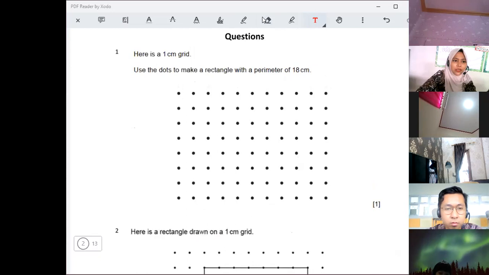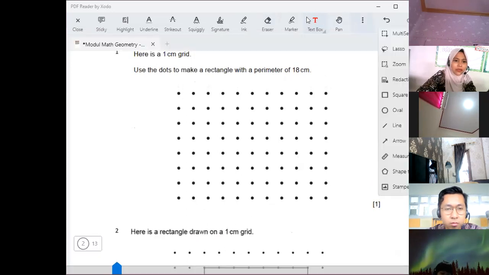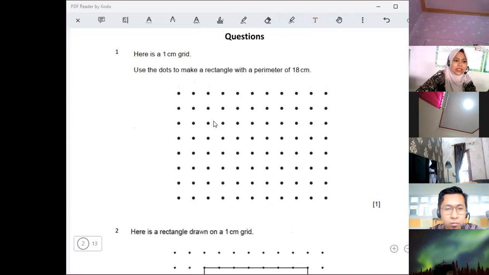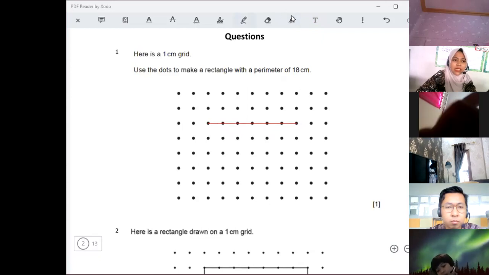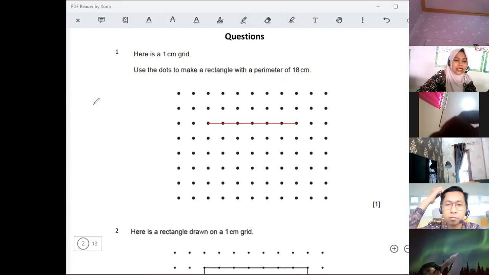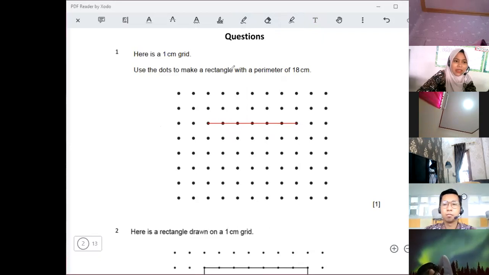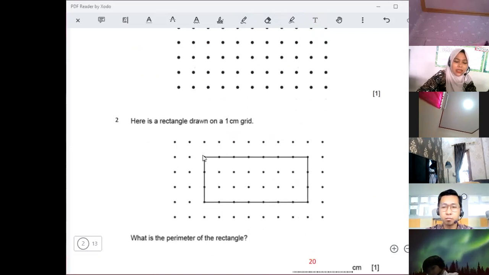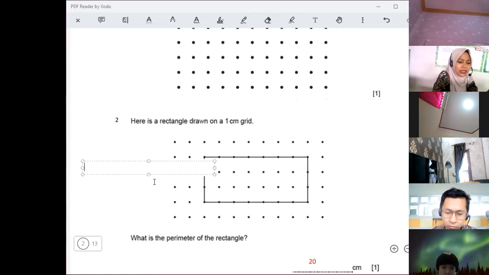So we are going to draw a rectangle that are 18 centimeters around. So let's say 1, 2, 3, 4, 5, 6. Oh, how could we make it, class? Usually to find the perimeter, the length and the breadth you will add first, and then you will multiply it by 2. Or you can use this kind of formula.